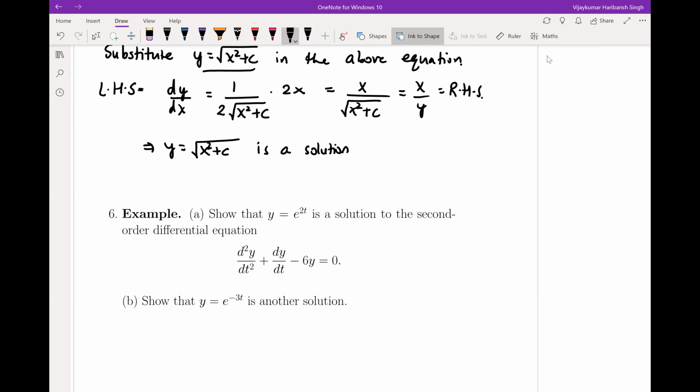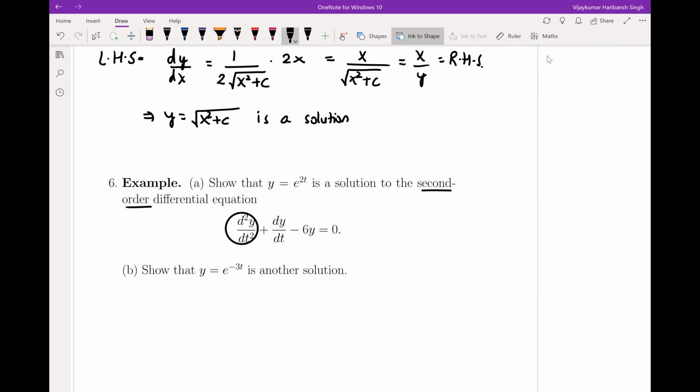Next, show that y equals e to the power 2t is a solution to the second order differential equation d square y by dt square plus dy by dt minus 6y equals 0. So first note that this is a second order differential equation. Why? Because the highest derivative is 2. So now we need to check whether this is a solution.